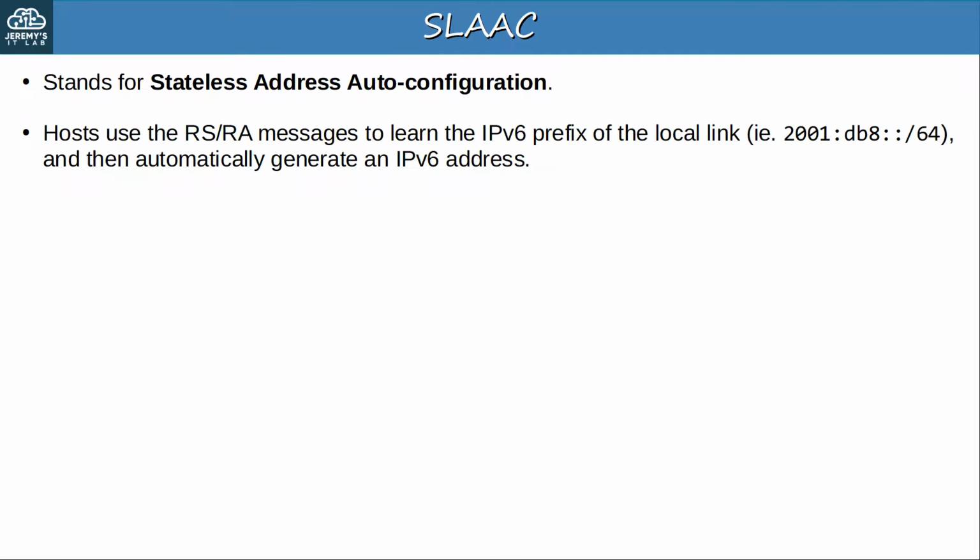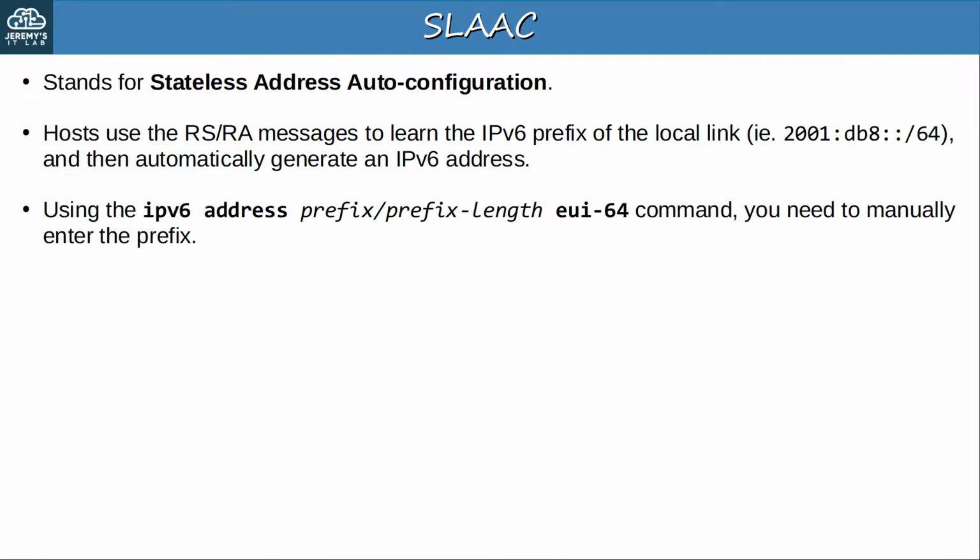The next topic is SLAAC. SLAAC stands for Stateless Address Auto Configuration. Yes, another way to configure IPv6 addresses. When using SLAAC, hosts use the RS and RA messages to learn the IPv6 prefix of the local link, for example 2001:db8::/64. Then they use that prefix to automatically generate an IPv6 address. When using the ipv6 address eui-64 command, you need to manually enter the prefix.